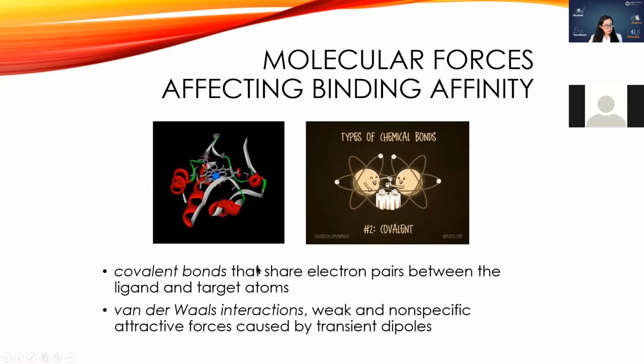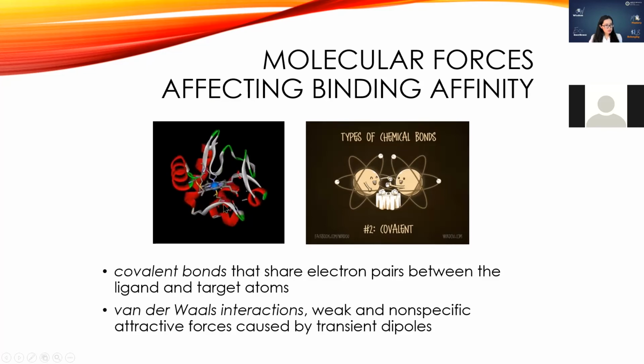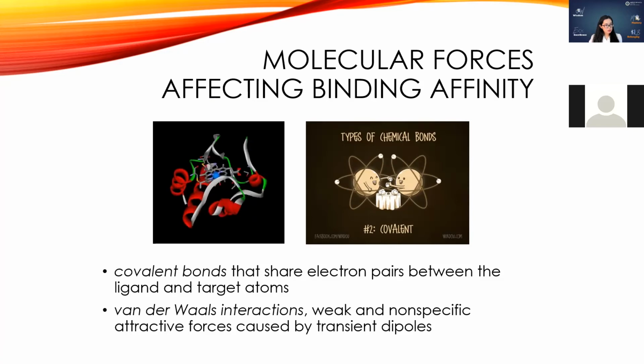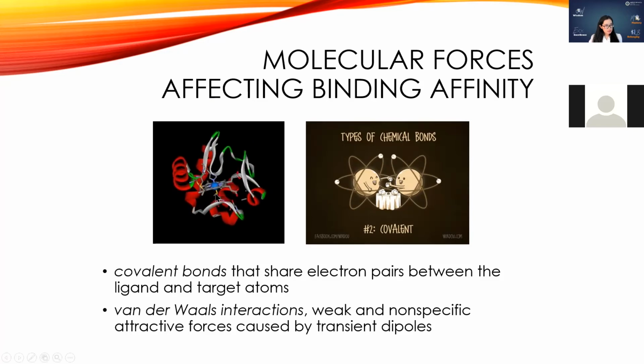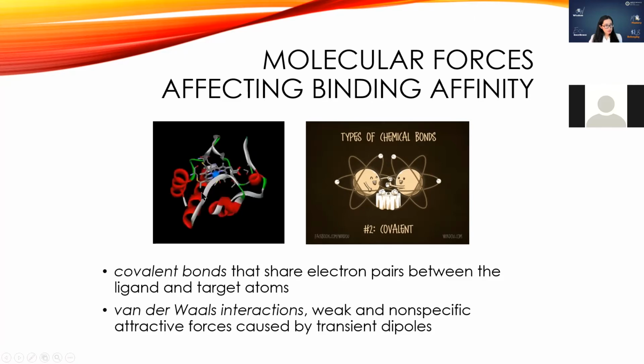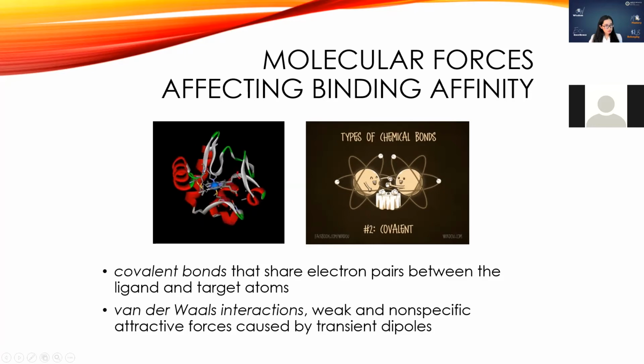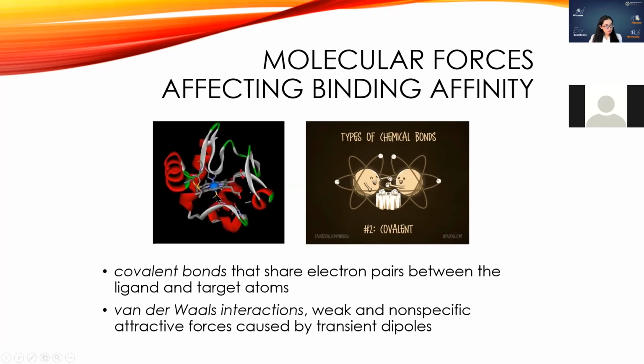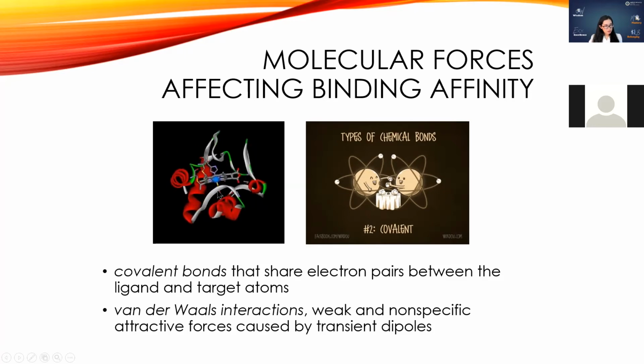The example of a covalent bond is this one. This is the structure of cytochrome C, as I have mentioned in the bioinformatics class. You can see that inside there is the heme molecule, and the heme binds to the pocket of cytochrome C using a covalent bond. It has a permanent bond inside due to the sharing of electron pairs.